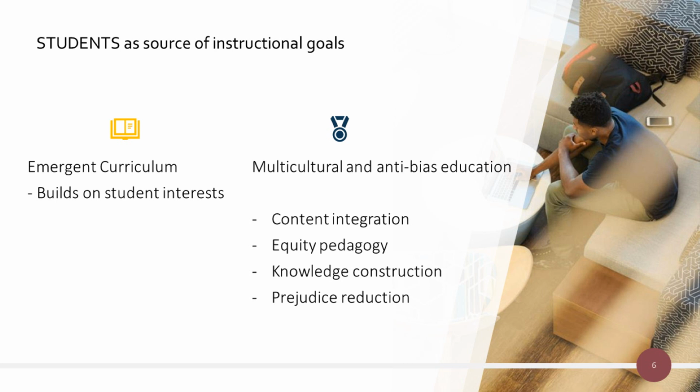Fully effective multicultural education has several features. The most obvious and familiar one is content integration. The curriculum uses examples and information from different cultures to illustrate different concepts or ideas already contained in the curriculum.